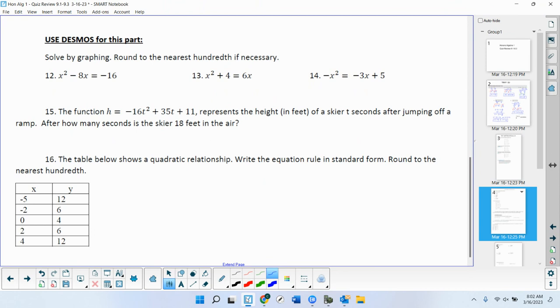How close is this Desmos part to the quiz tomorrow? Very. If you need help, raise your hand. I'll be happy to come around and give you a hand.